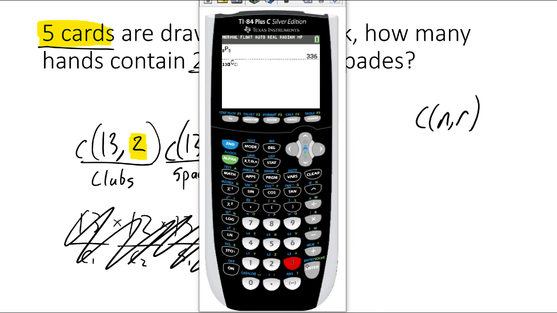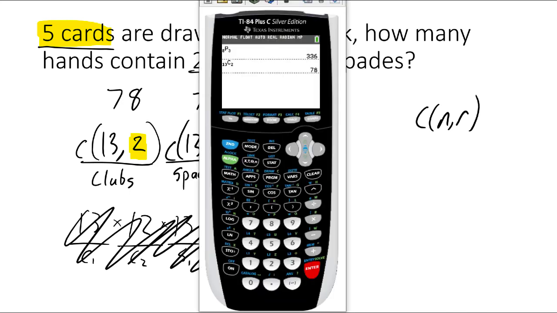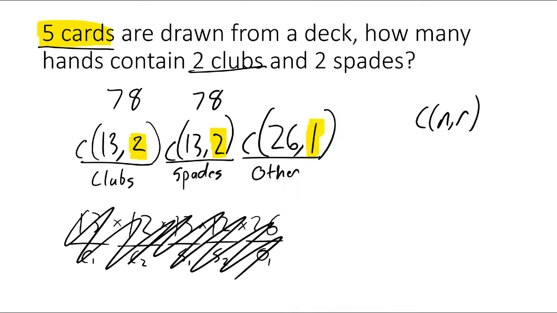So 13, 2. That's 78. So there are 78 ways to choose 2 clubs, which also means there are 78 ways to choose 2 spades because they're both combination 13, 2. And then 26, 1 is 26. Because if we want to select one object from 26, obviously there are 26 ways to do that.